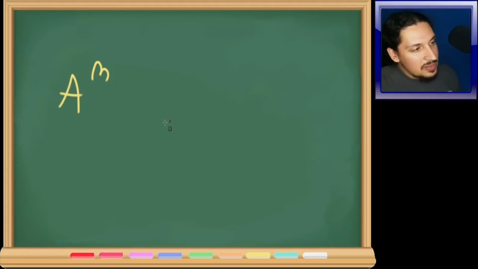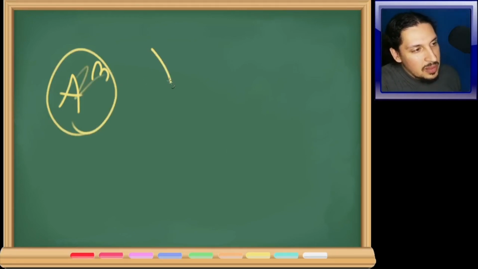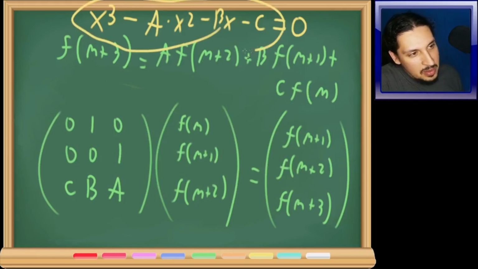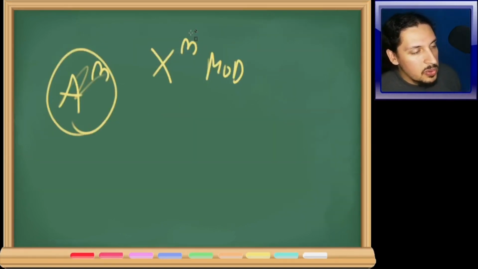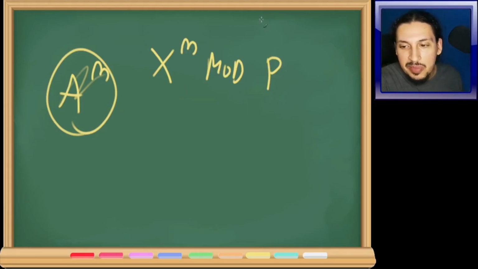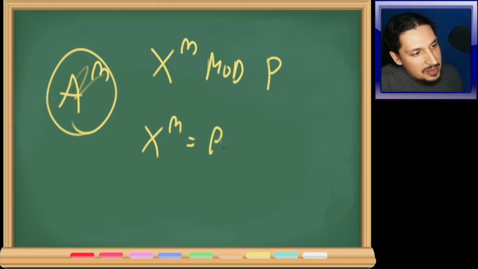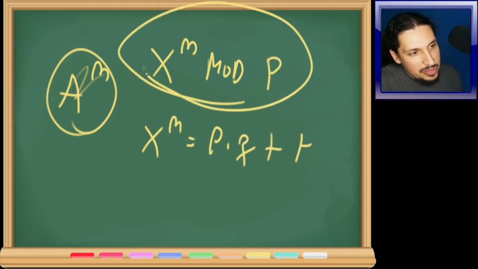And the trick is that you can think of this as a polynomial. You want to compute x to the n, but modulo this polynomial. So you can do an equation of polynomials. You want x to the n mod that special polynomial of the recurrence, p. Why? Because this is the remainder, so that means that x to the n will be p times q for some q, plus the remainder that you're computing.